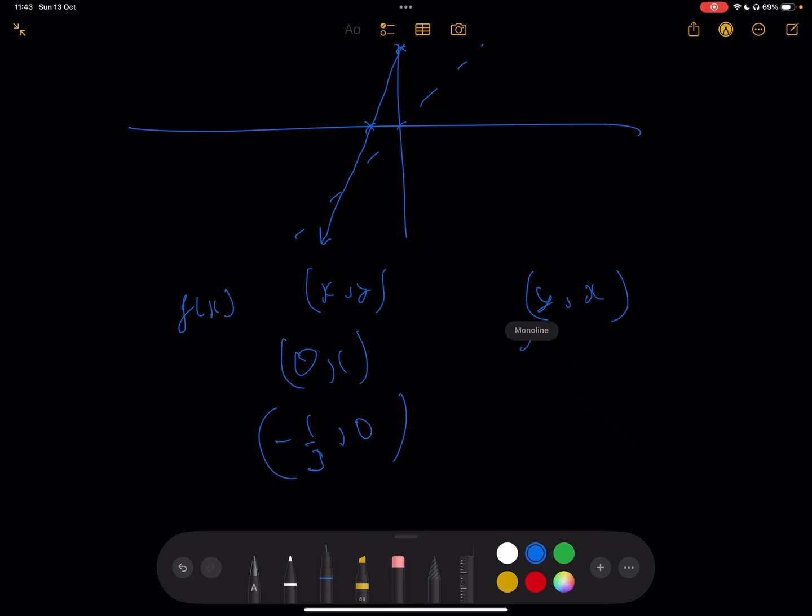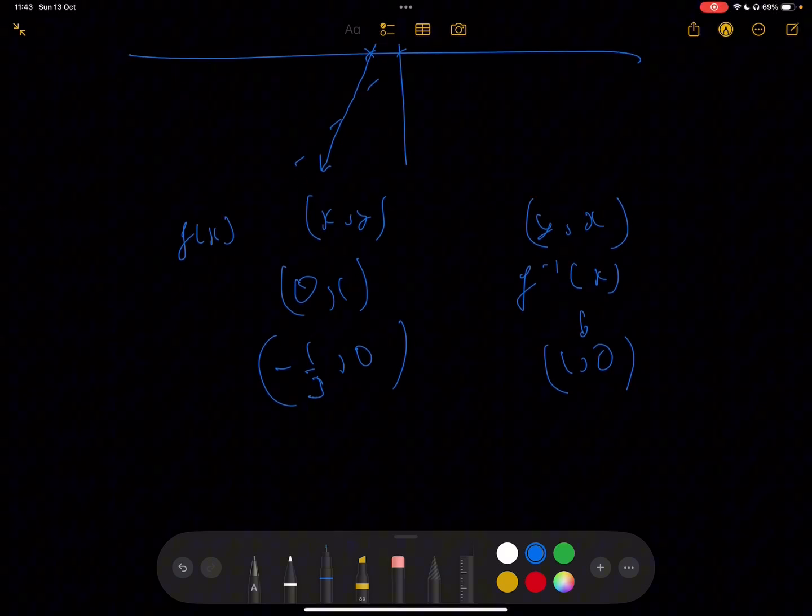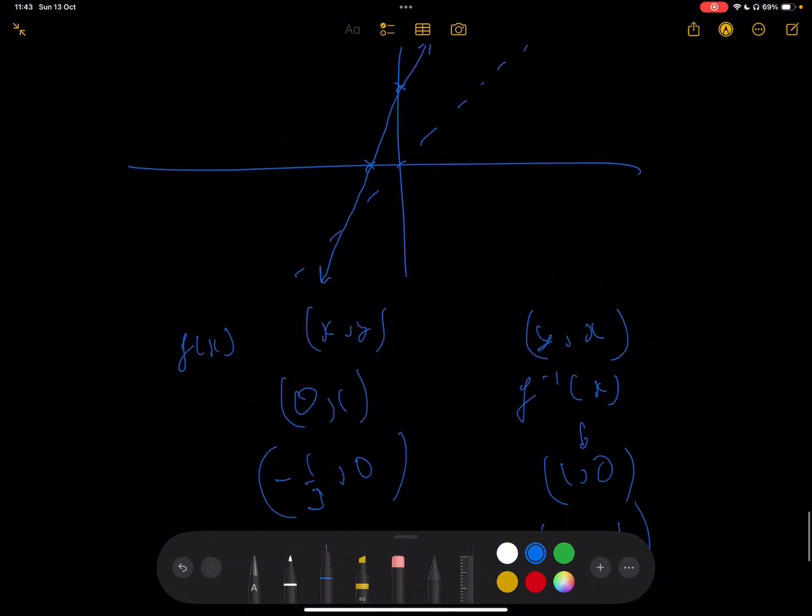Instead of 0, 1, it would be 1, 0. And instead of negative a third, 0, it'll be 0, negative a third. And then we can draw this onto our axes.